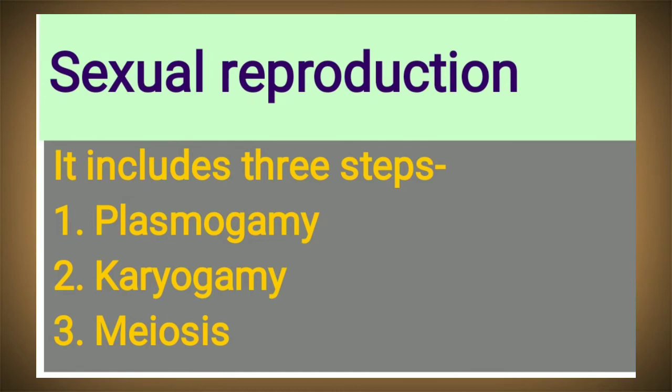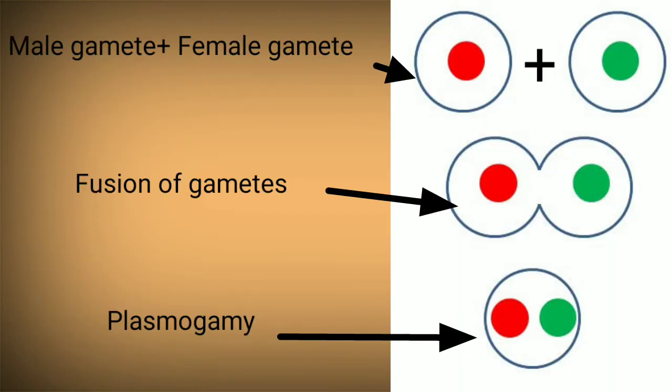Now we are going to discuss the steps involved in the whole process of sexual reproduction. The male and female gametes, during fusion, undergo three steps. The first one is plasmogamy, the second is karyogamy, and the third step is meiosis.